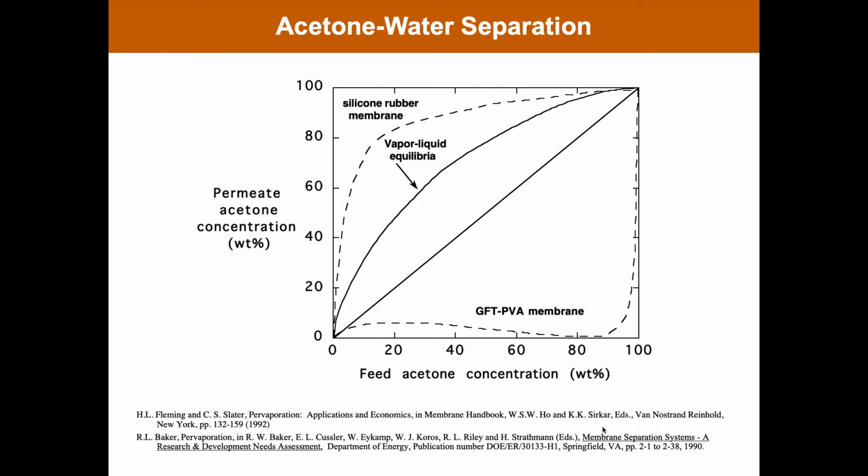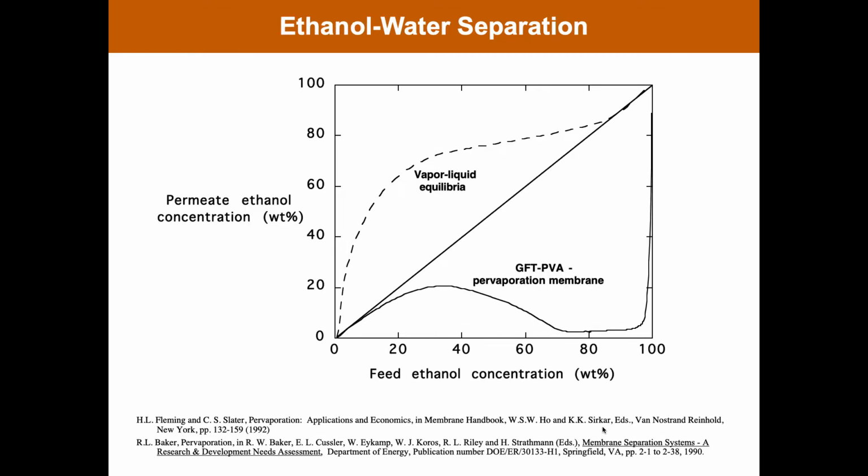In this case, the vapor-liquid equilibrium and the membrane separation are working against one another, and you can have both cases in this application. This is showing the case of ethanol water separation, and this has been one that's been looked at a lot for pervaporation.